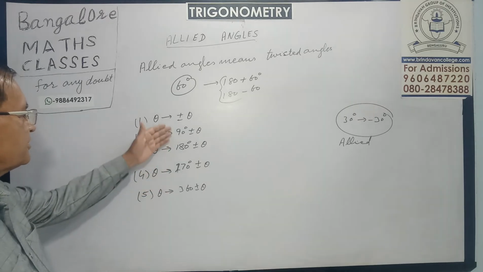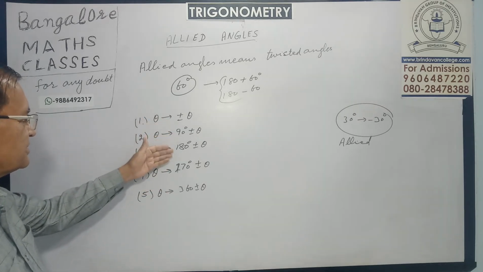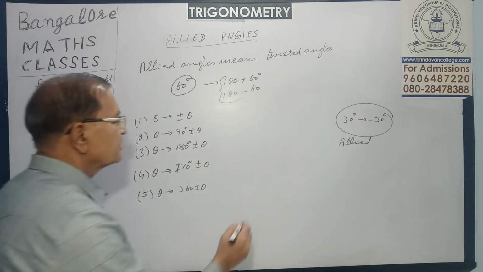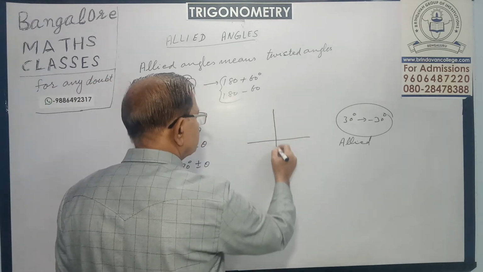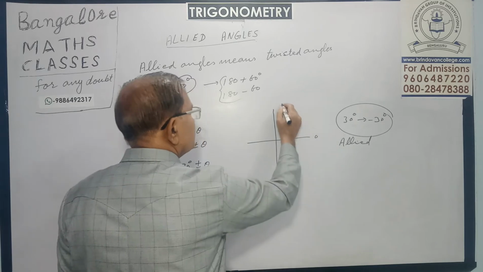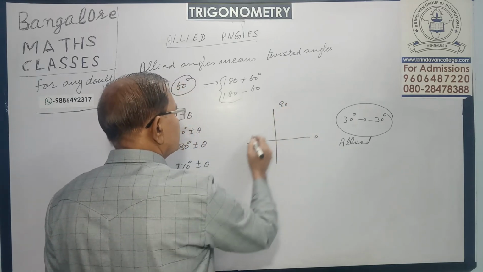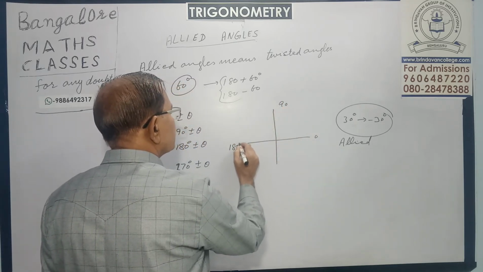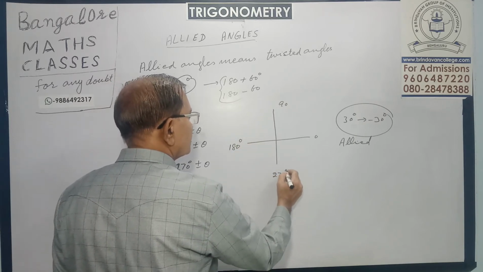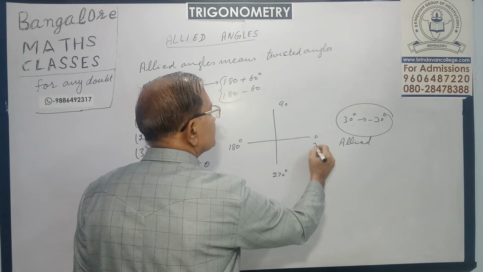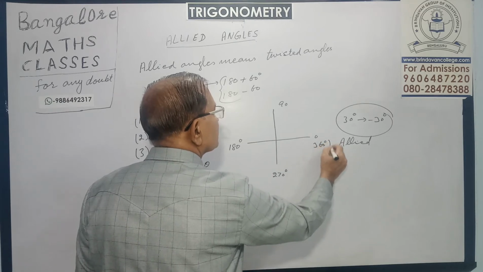Why are we going with plus or minus 90, 180, 270, 360? Because we have four quadrants. 0 to 90 is the first quadrant, 90 to 180 the second quadrant, 180 to 270 the third quadrant, 270 to 360 the fourth quadrant.